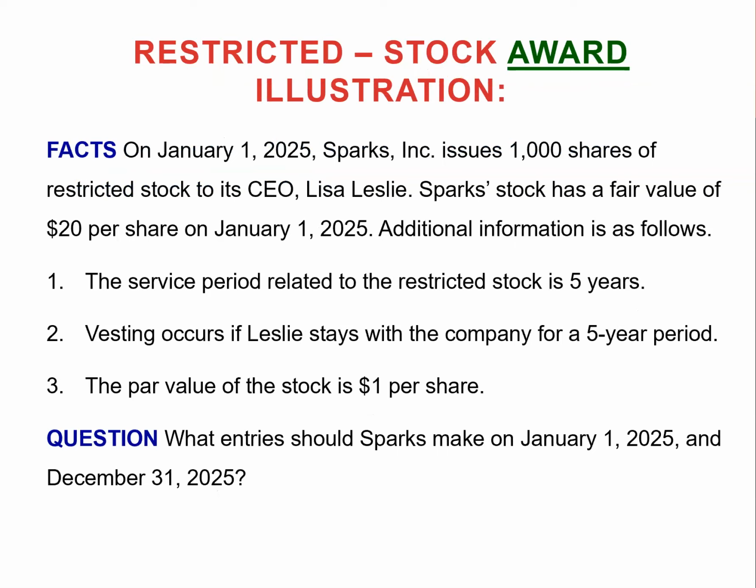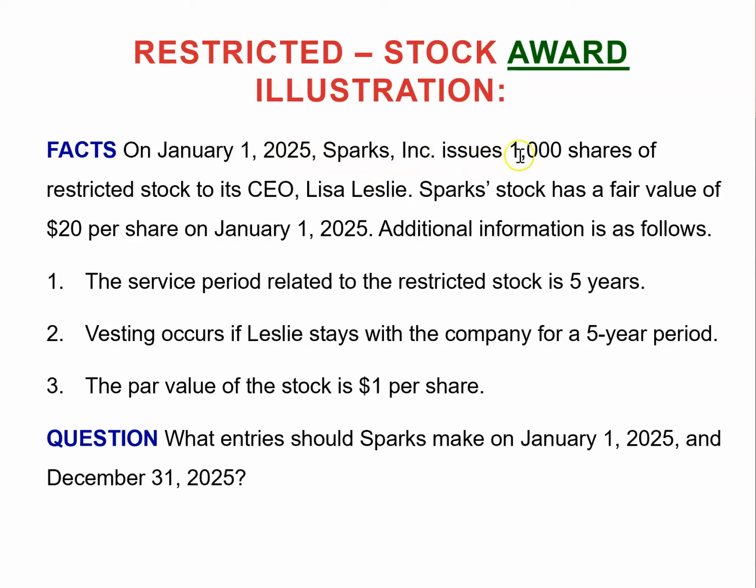So now we will see one example. First, let's focus on stock awards. Stock awards means you are giving actual shares to your employees. Here is the example, January 1st, 2025.